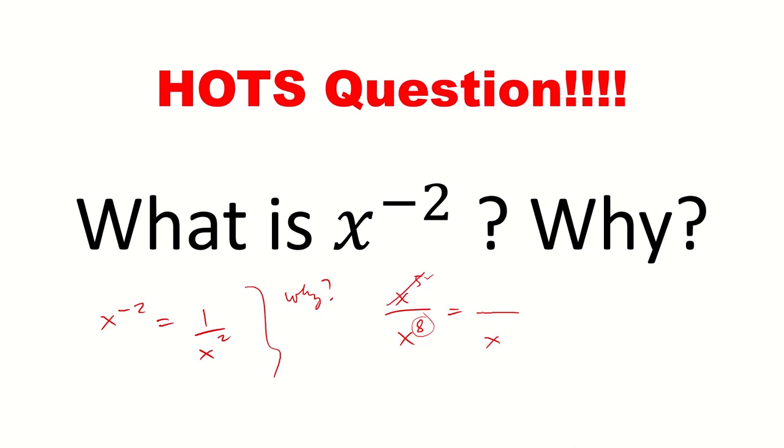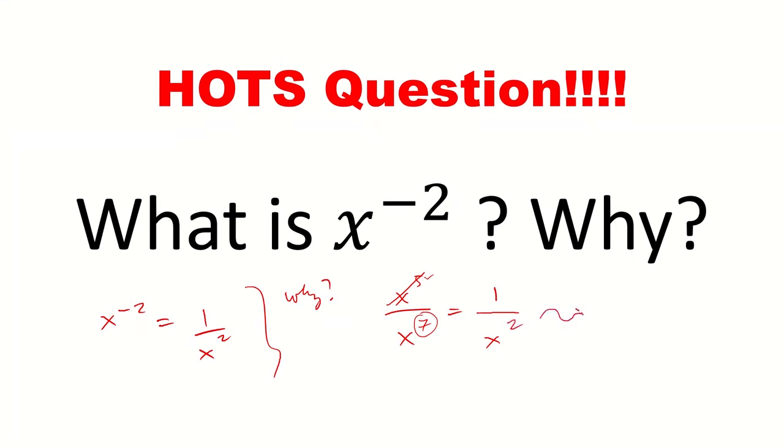Then 8 minus 5 is 3. Then walang natira sa ibabaw, so naging 1 over x cubed. At teka lang, gagawin na natin siyang 7 para makarelate kayo. Sige, 2 na lang. 7 na lang. Then 7 minus 5 is 2.